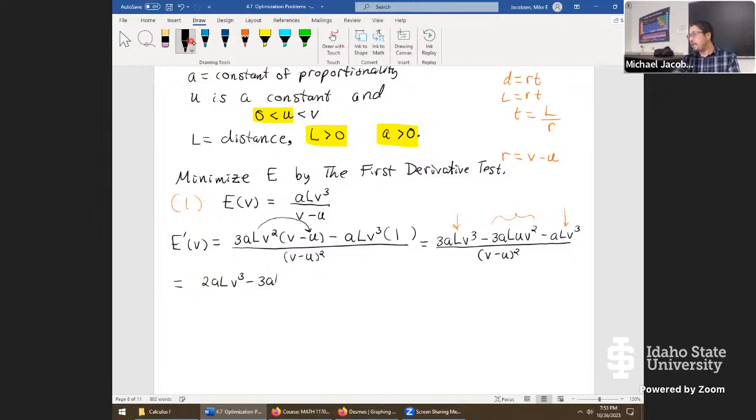So minus 3 ALU v squared divided by v minus u to power 2. Okay, I think we've got it simplified. We want to simplify it more for equation solving, so that just means factoring essentially at this stage. But any questions so far, folks, to this step of the process?